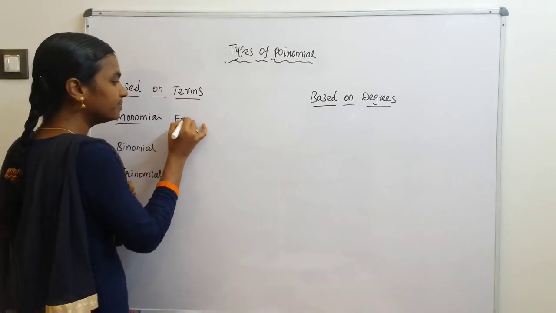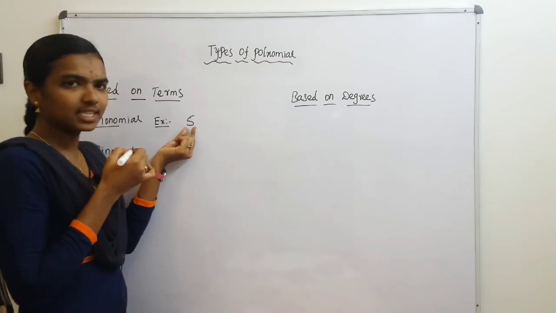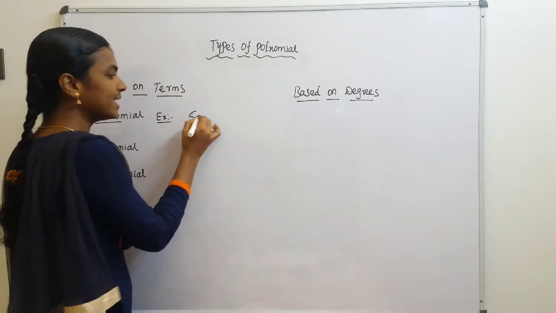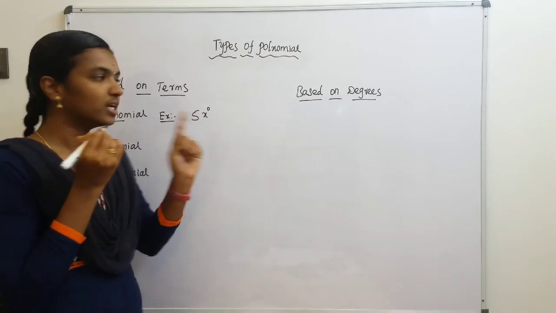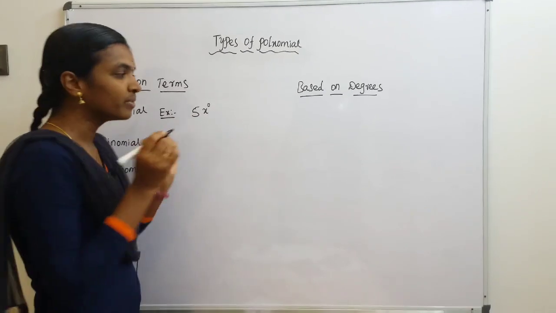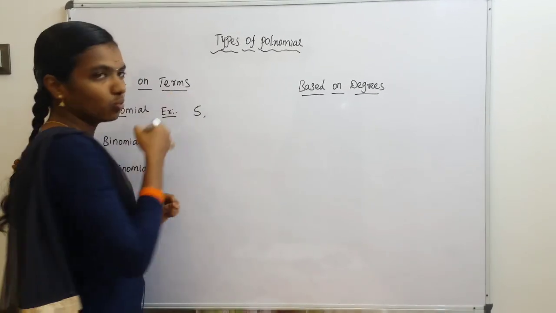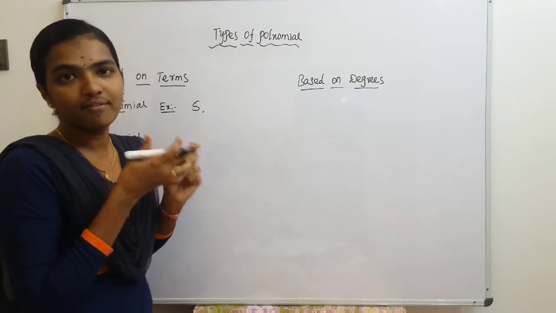For example, a constant is also a monomial. A constant is only one term. We can write it as x power 0, and anything to the power 0 is 1, so 1 into 5 is 5 only. So a constant is also only one term. It is a monomial. It can also be a variable.